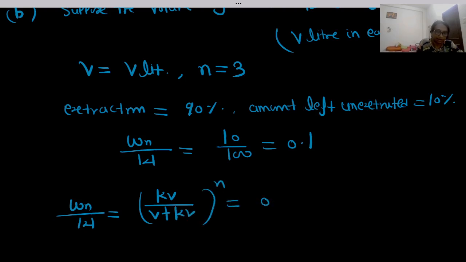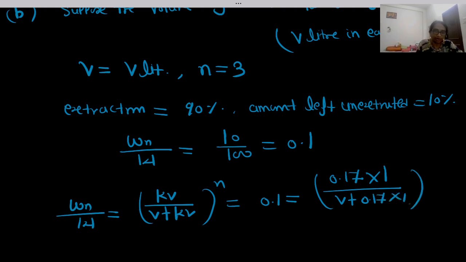Then we get 0.1 is equal to Kv, the given value 0.17, volume 1 liter, V plus 0.17 into 1, and here the number of moles is 3.